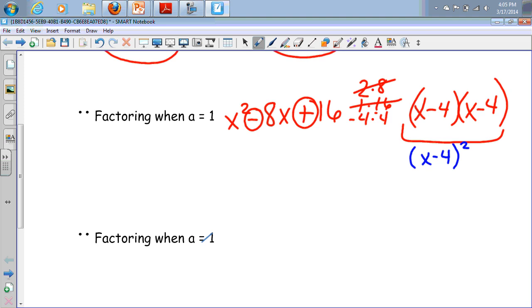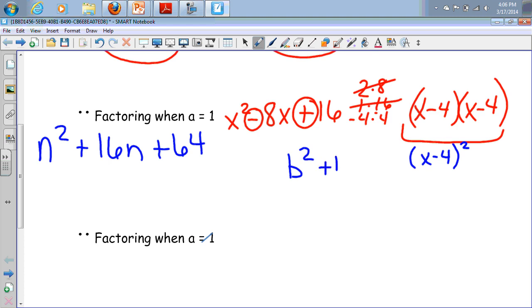Let's try n squared plus 16n plus 64. And then let's also try b squared minus 14b plus 49. Okay, let's try both of those.